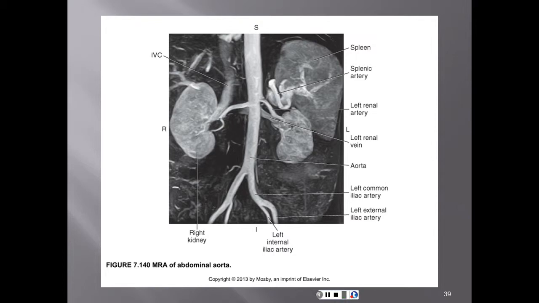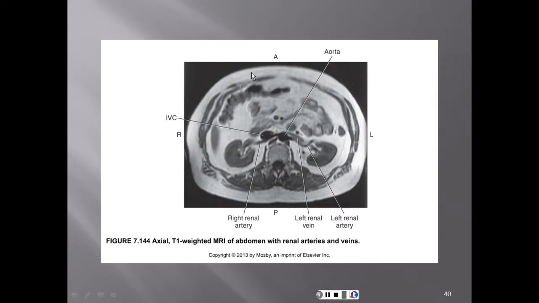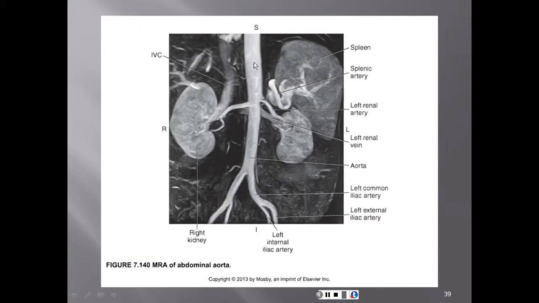MRA of the abdominal aorta. This picture is 769. This is a very good MRA of the abdominal aorta. Shows all the branches very well.